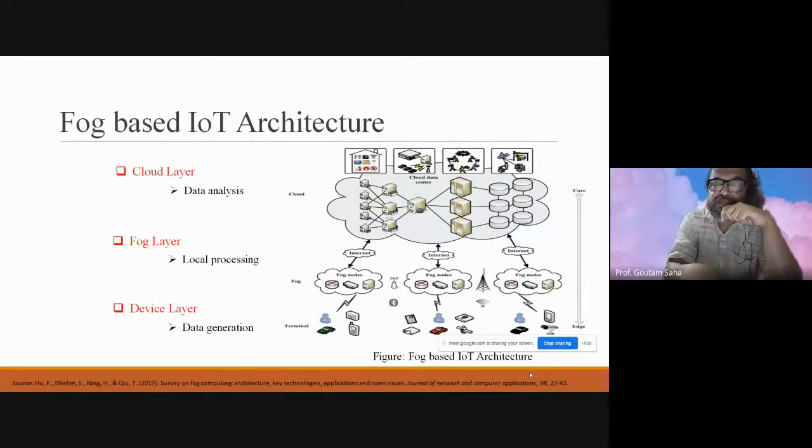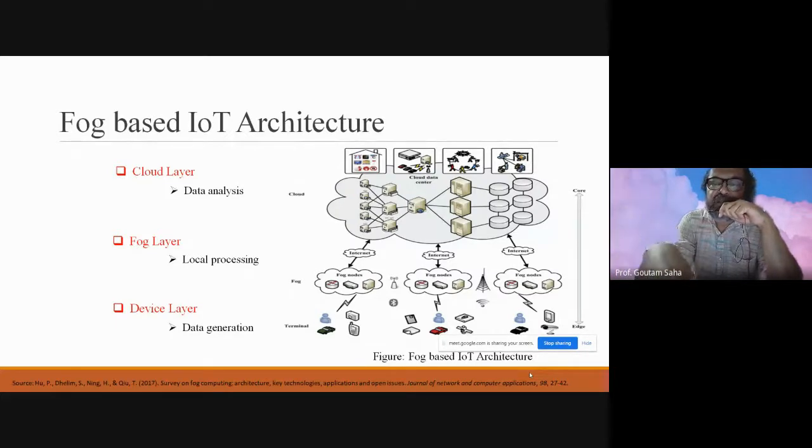So this is one fog node for Lucknow. This is another fog node for Chennai. This is another fog node for Delhi, and all of them are connected through the internet to the cloud. Cloud is a distributed system, and from there to the application layer, the data is stored, analyzed, and communicated to the destination.